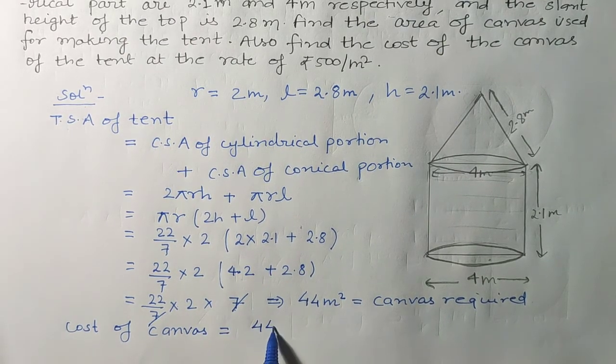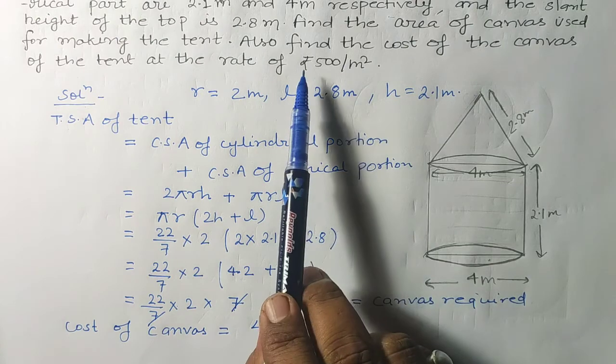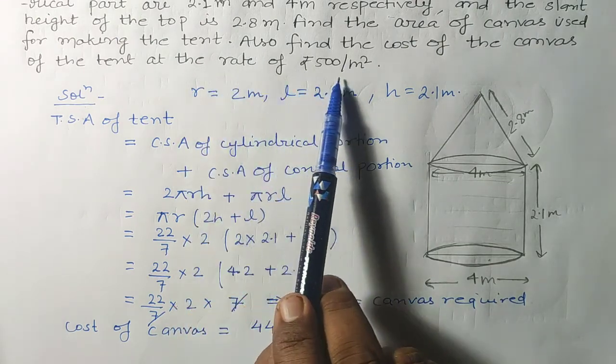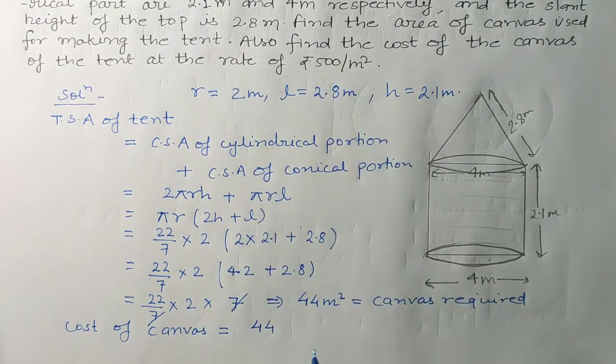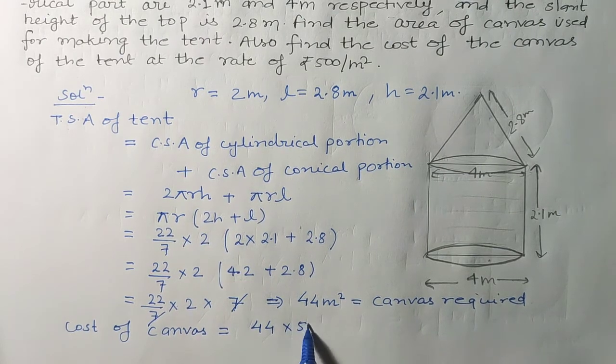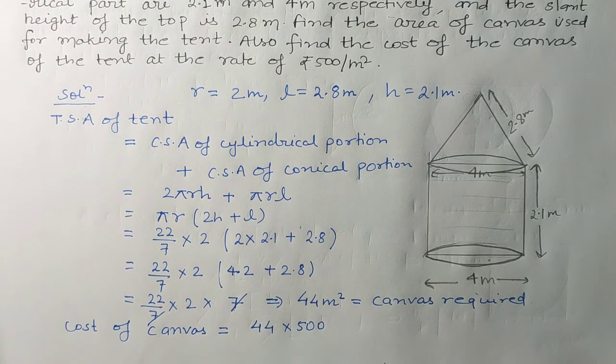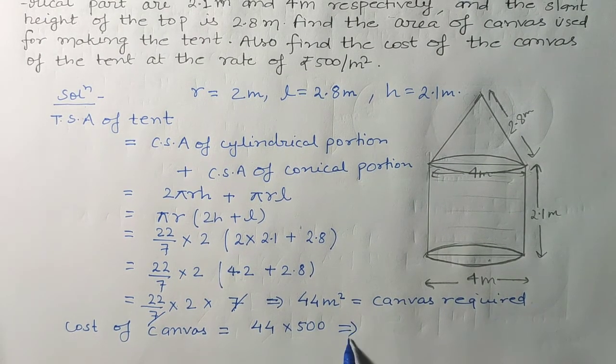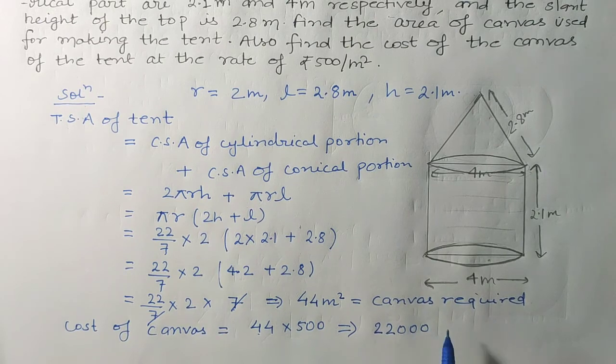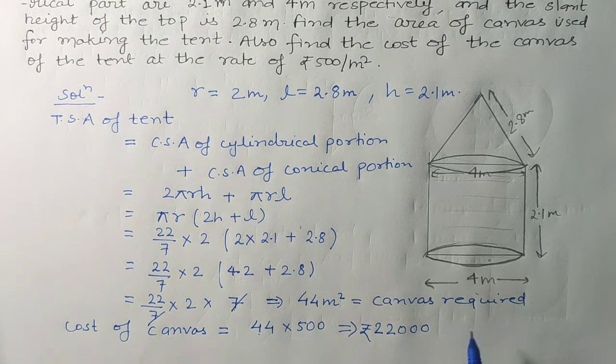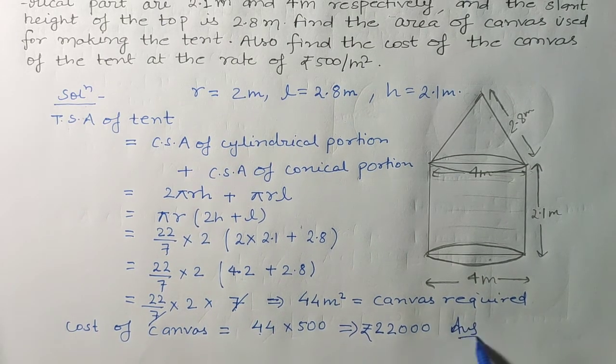That will be 44, and the rate of that canvas is 500 per meter square. So we have to multiply it by 500, then what do we get? 44 fives are 220, so it will be 22,000 rupees. Okay, so 22,000 rupees will be the answer to this question.